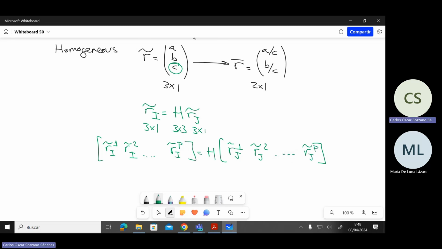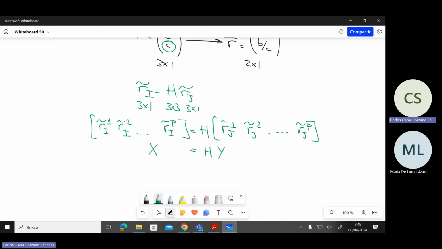Now you have a matrix. But this equation system has this form. And let's put sizes to these things. So this is 3 times b. 3 times 3.